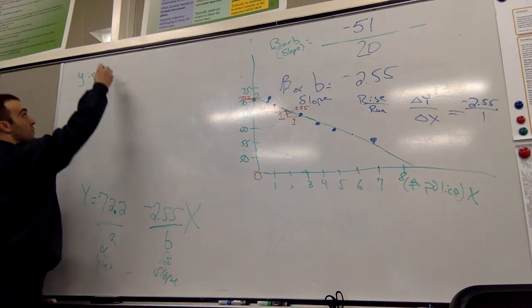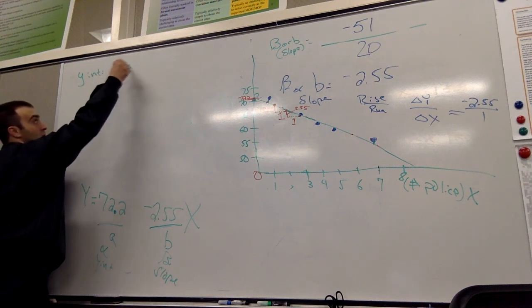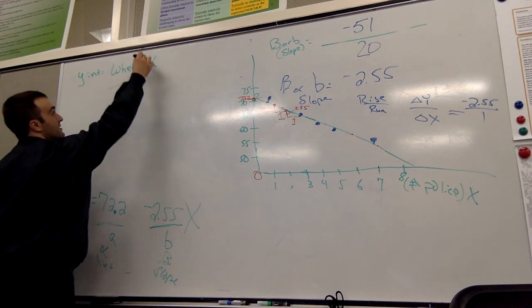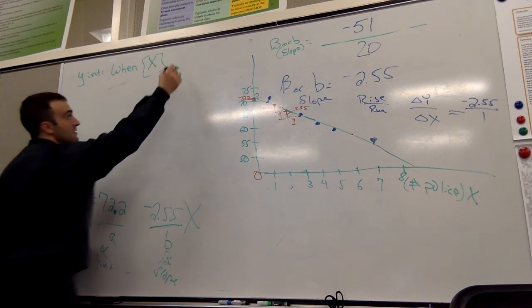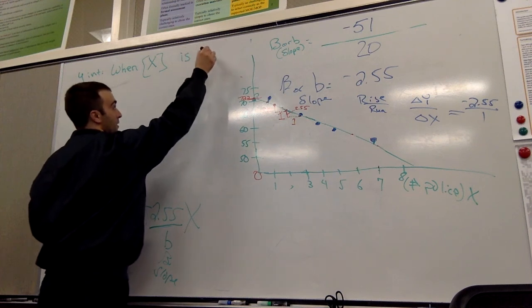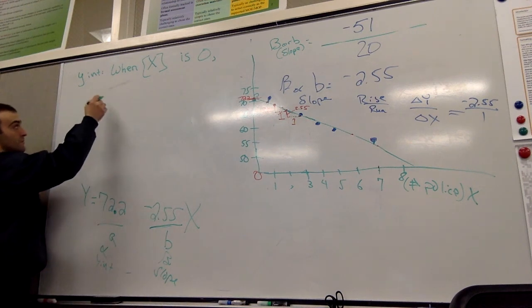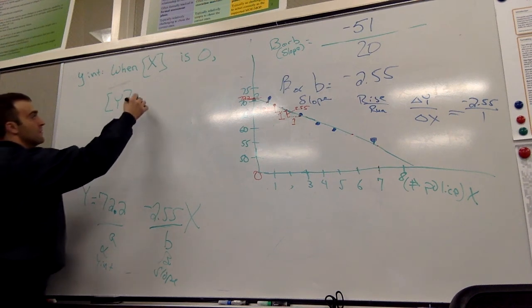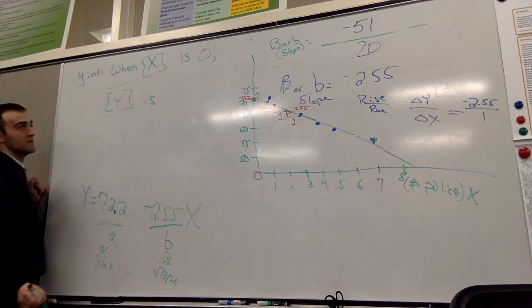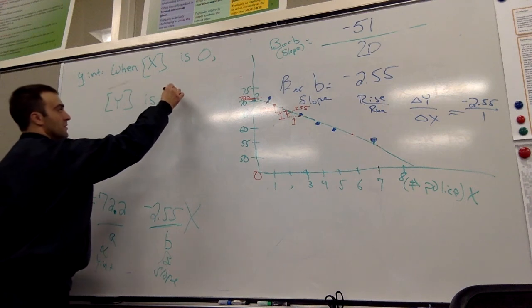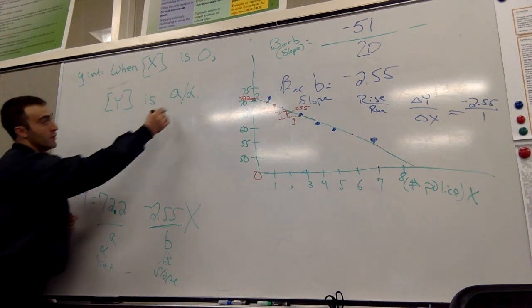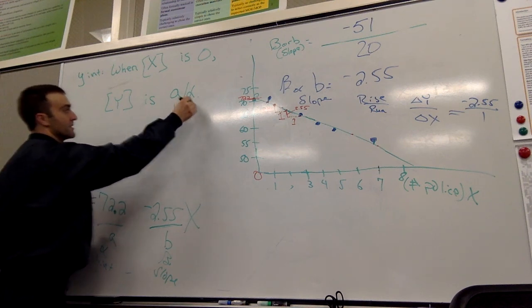the interpretation of the y-intercept is when x, whatever x, is 0, whatever y is is your value of a, or alpha, or your y-intercept.